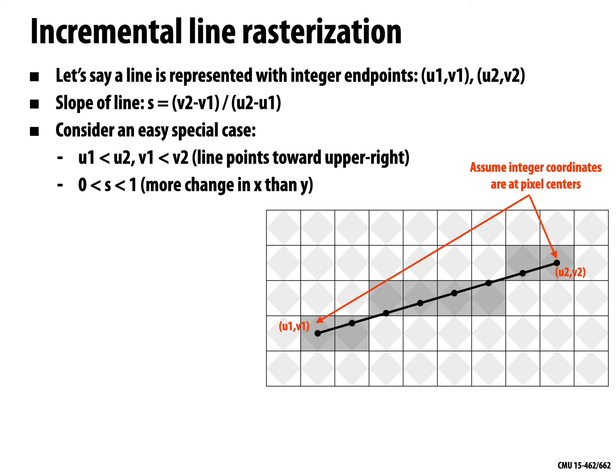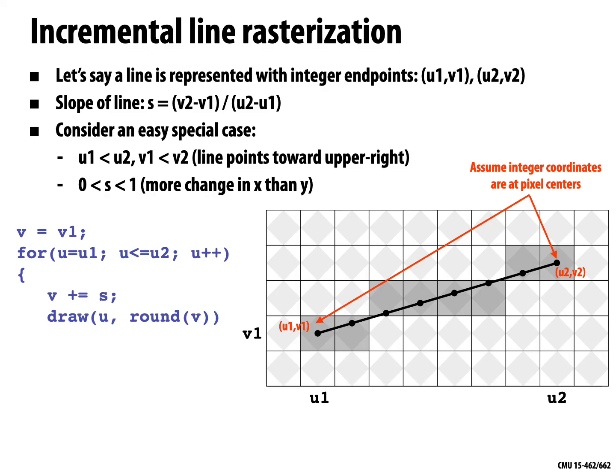And so we can come up with a pretty simple little algorithm for walking along the line and figuring out which pixels to light up. In particular, we can start at height V1, and then going from left to right, from U1 to U2, we're just going to increment one column at a time. In each column, we're going to increase our height by the slope s. Okay, so for a unit change in U, V changes by s.